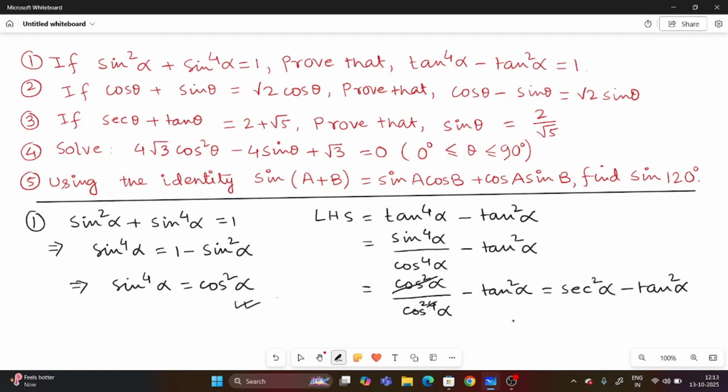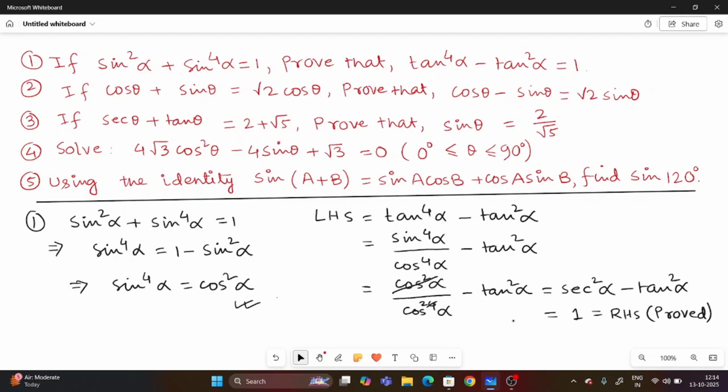The value of sec square alpha minus tan square alpha is 1, hence proved. So the main technique to solve the first question is to express sin to the power 4 alpha in terms of cos alpha. Then start from the left hand side, substitute the value, calculate and use a suitable identity to get our required result.